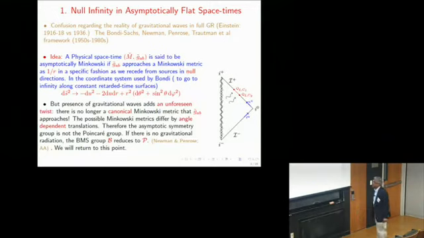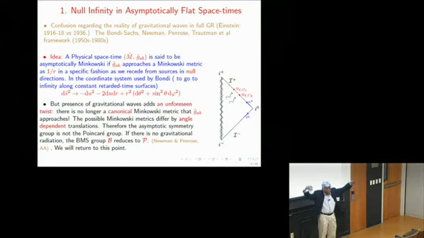Therefore, the asymptotic symmetry group turns out not to be the Poincare group. You see, at first you say that if the metric becomes flat as you go out to infinity, then the asymptotic symmetry group should be the Poincare group. But it is not. This is the reason these boundary conditions are subtle, and we're going to see them in greater detail. The subtlety really has to do with gravitational waves.